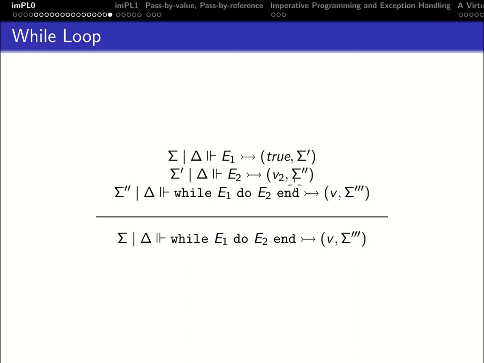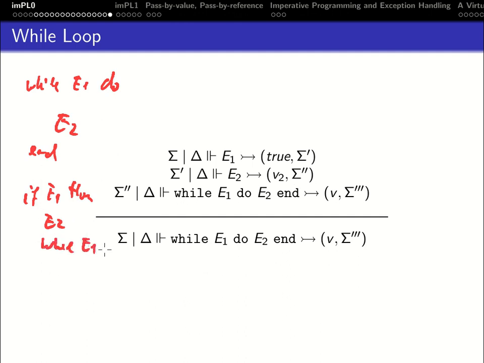To give you some context, if I have a while loop, while E1 do E2 end, this happens to be perfectly equivalent to if E1 then E2, while E1 do E2 inside of the if, end if, or end.